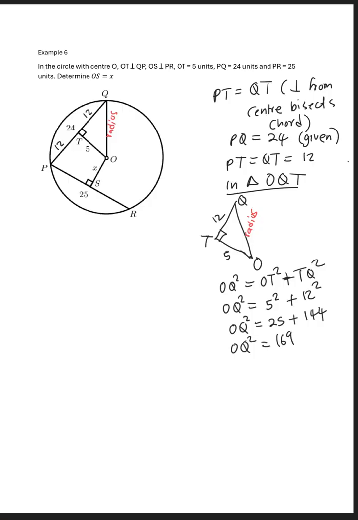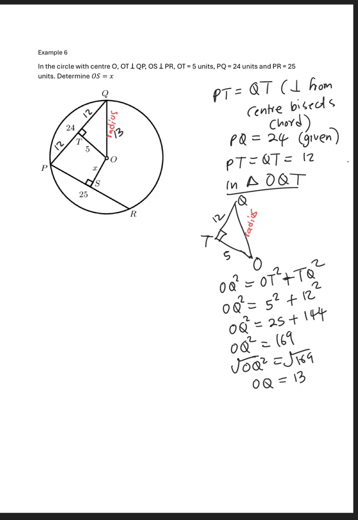And then the square root of 169 is gonna be 13. So we have a 13 there, right? So we have found the radius. The radius is how much? The radius is actually 13, right?